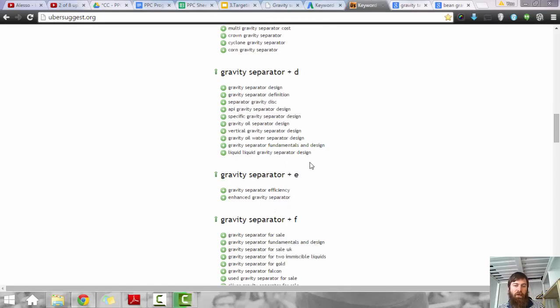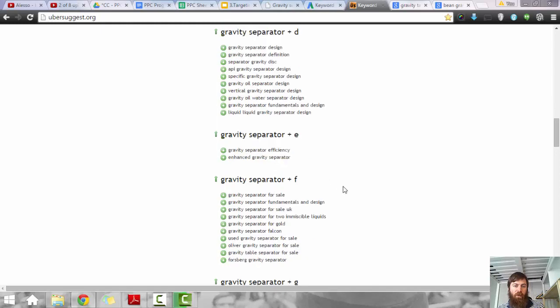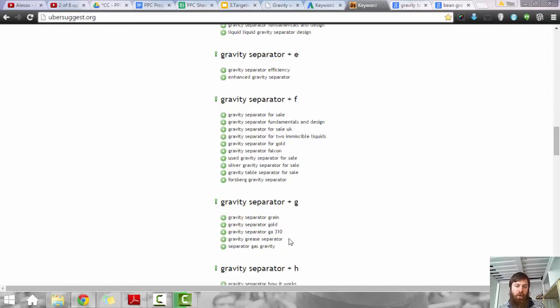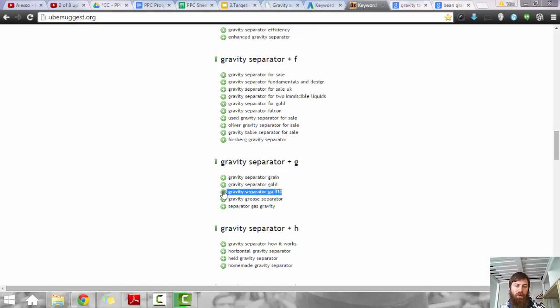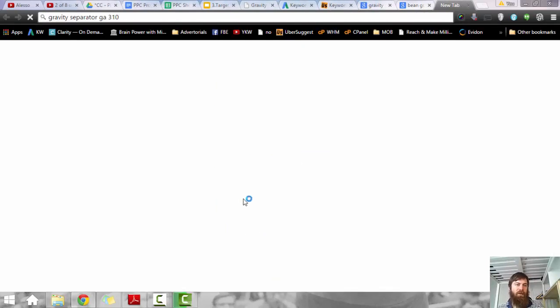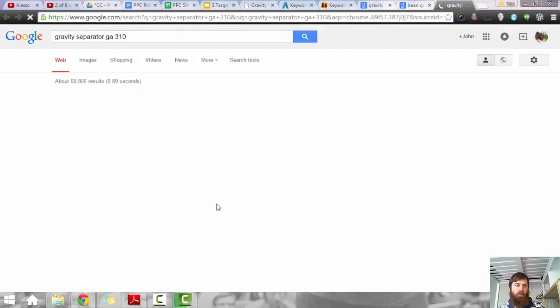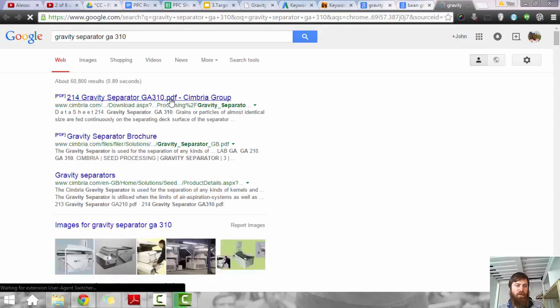Enhanced liquid, gravity separator, design, gravity oil separator. Gravity separator seems, this is interesting. Looks like an actual part number. A great one.